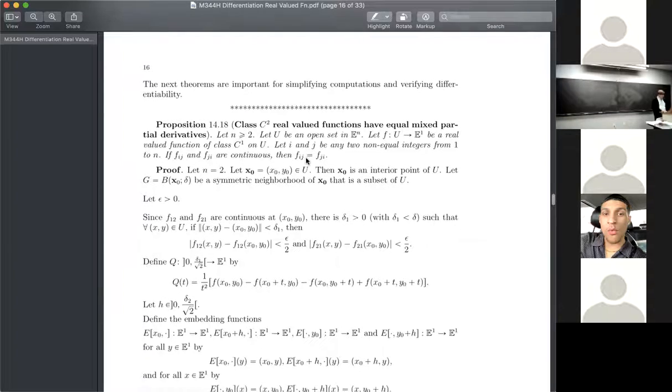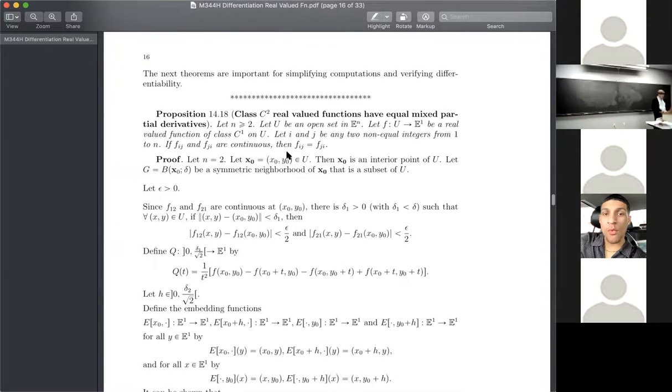And then on page 16, we want to talk about when partial derivatives are equal. Because when I have functions that go from n dimensions to m dimensions, like if that's from 10 dimensions to 10, I'm going to have 100 partial derivatives. I don't want to calculate 100 partial derivatives.